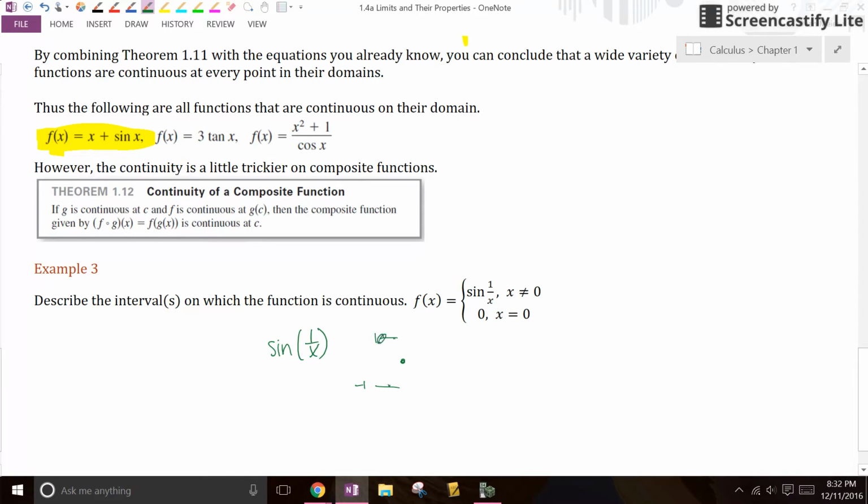There's no way I can be bouncing back and forth and then all of a sudden be there and say that you're continuous. So the bad news is this thing can't be continuous at 0. It can be continuous from -infinity to 0, and then from 0 to infinity. But because of its bouncing back and forthness, all of a sudden it's going to jump to 0. That doesn't make sense, and so therefore it can't be a smooth, continuous graph.